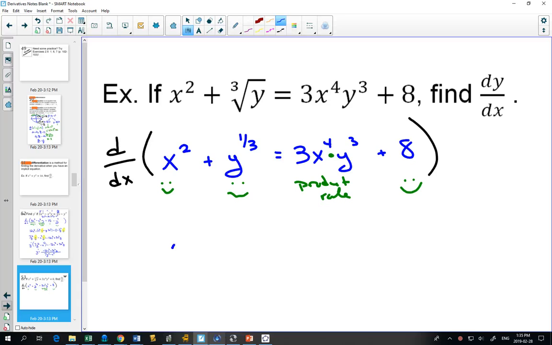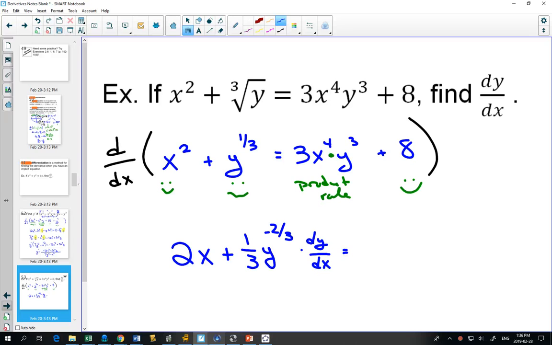Easy part. X squared derivative is 2x. Y to the 1/3, just 1/3 y, subtract 1 from the exponent. And any time you do a derivative with y, you multiply by dy dx after. Equals.